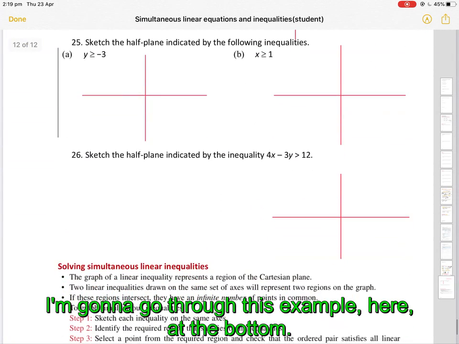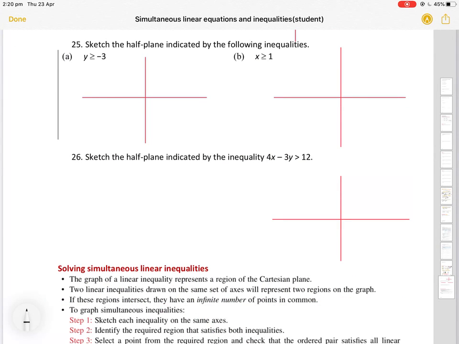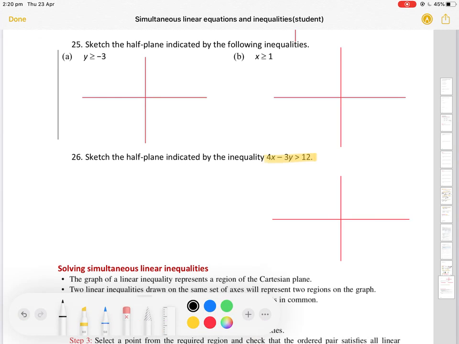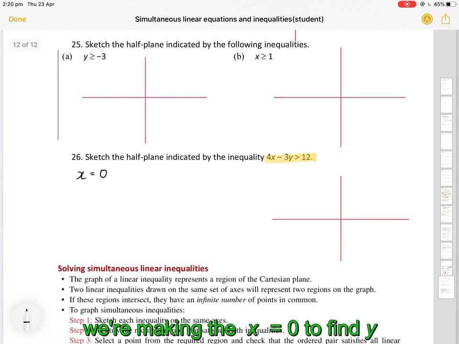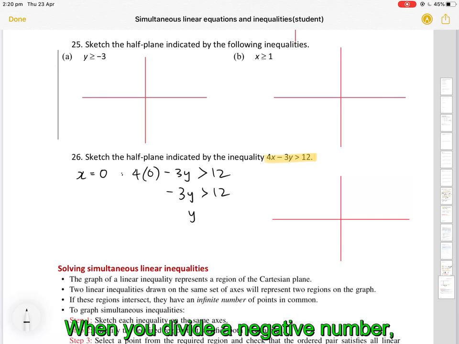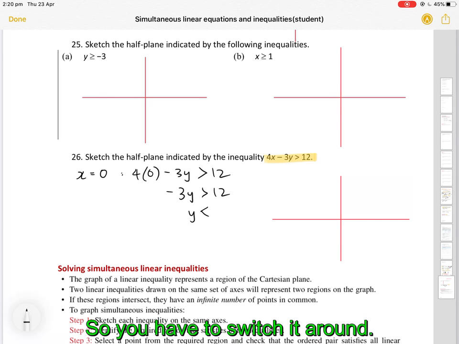I'm going to go through this example here at the bottom, 26. Just like the first example we went through, we make x equal 0 to find y. When you divide by a negative number, you have to change the symbol, so you have to switch it around.